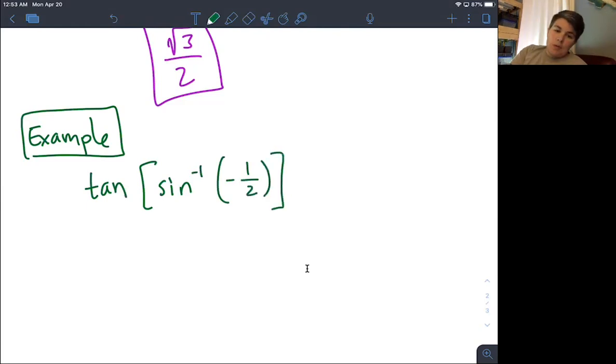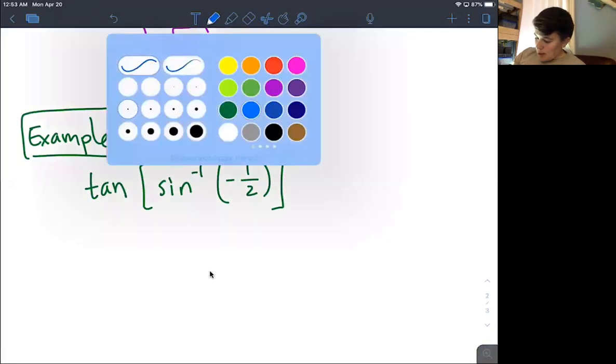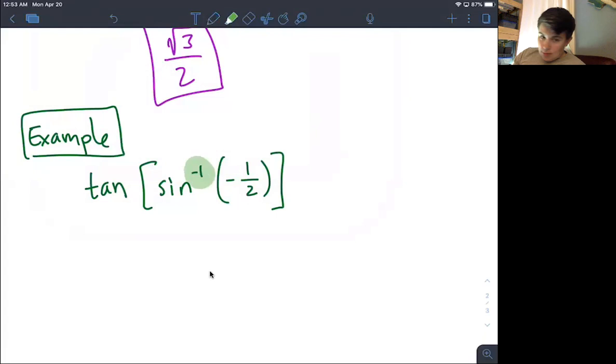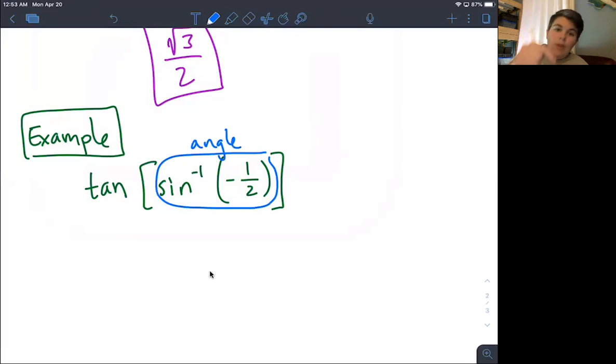Okay, so once again, I'm going to keep saying this because I think this is an important point to make. I see that little inverse notation up there, right? So what I'm going to tell myself is, self, that means this whole thing represents an angle. This is the angle where the sine is -1/2.